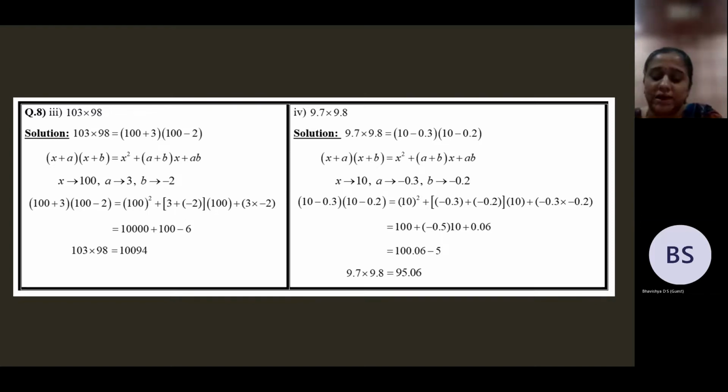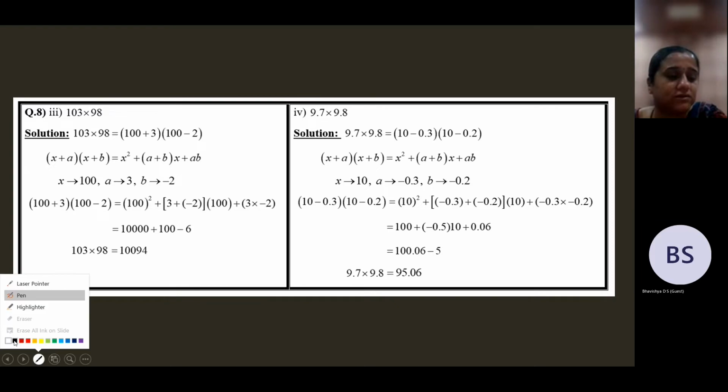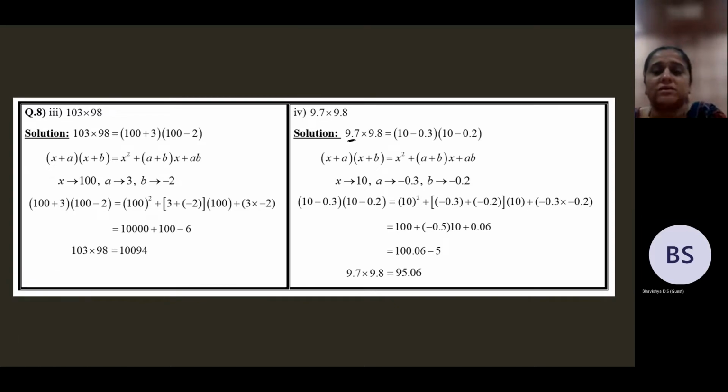So you have written 9.7 and 9.8 as 9 plus 0.7 and 9 plus 0.8. That's fine. I have used 10. I've written 9.7 as 10 minus 0.3 and 9.8 as 10 minus 0.2.